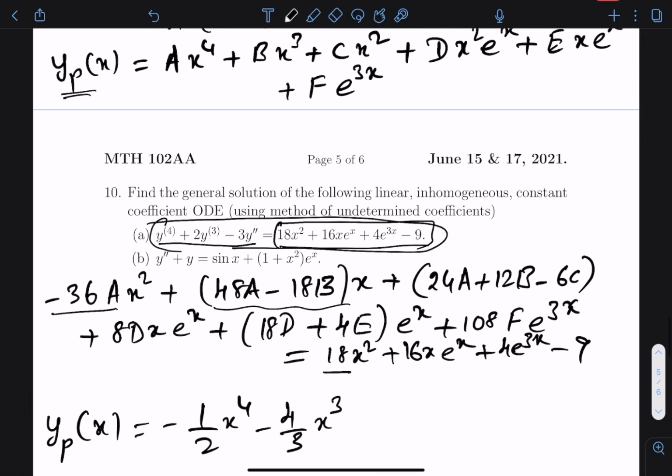And then c. Now to compute c, you equate this.